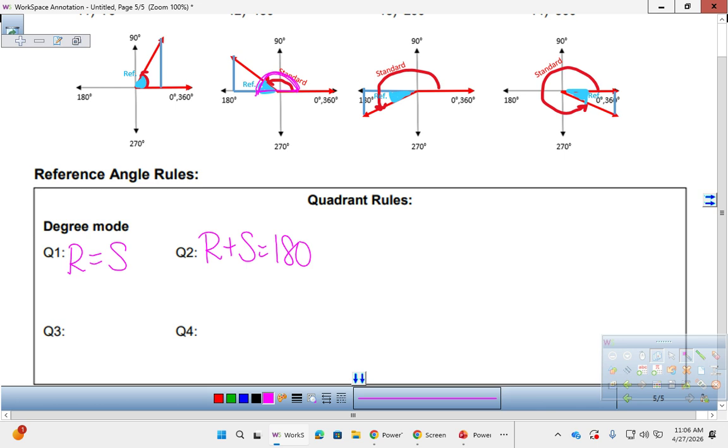I'm gonna skip to quadrant 4. Again, quadrant 3 is kind of the trickiest one, so I'm gonna go to quadrant 4 just because it's a little more visual. In quadrant 4, my standard angle, so my red plus my blue, if I were to connect all the way through, red and blue make this full circle together. So my reference plus my standard equals 360. Together, those two angles equal 360, a full circle.